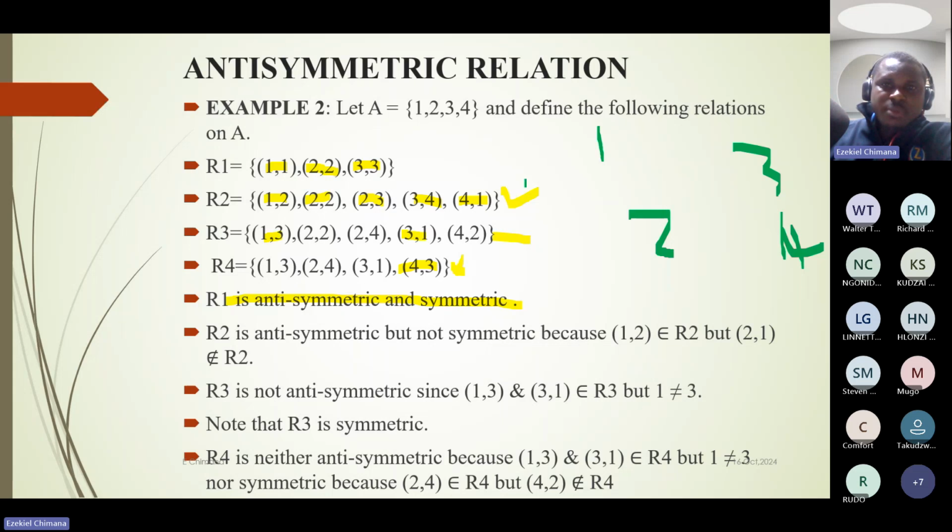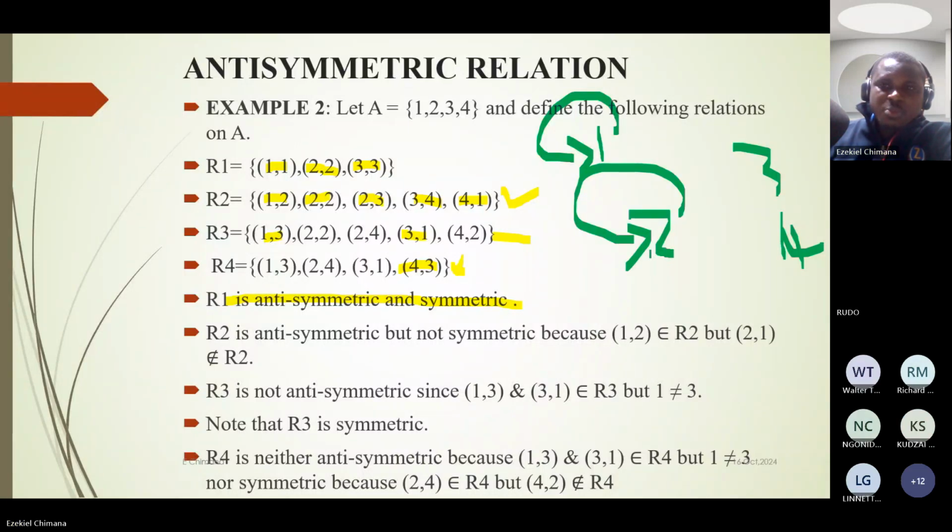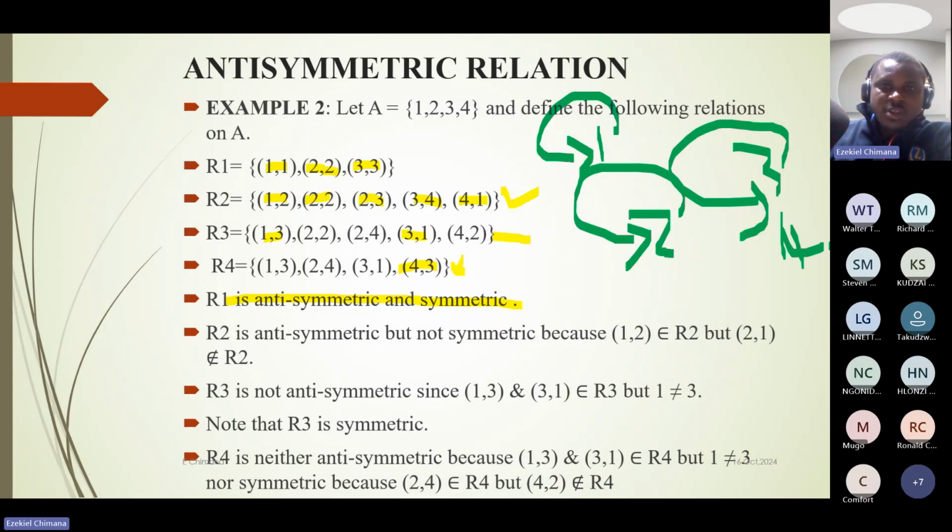Then 1, 1 will be a self loop, and 2, 2 will be a self loop, and 3, 3 will be a self loop. Then 4 is isolated. So you need to have 1, 2, 3, 4 as vertices, and then you put the arrows from 1 to 2, and so on. That's what you'll be doing.